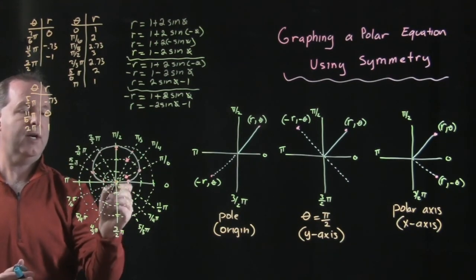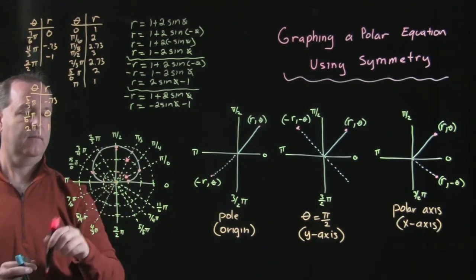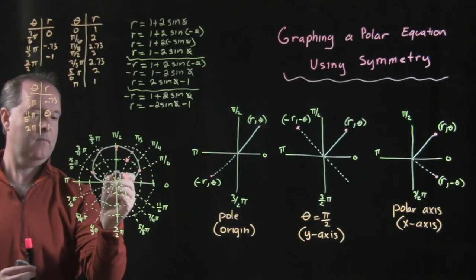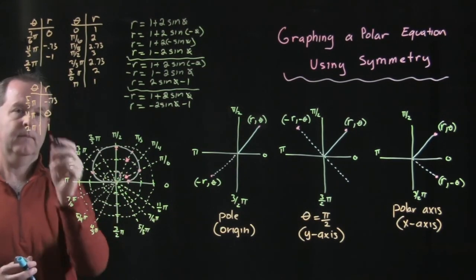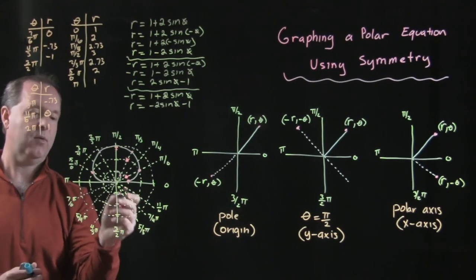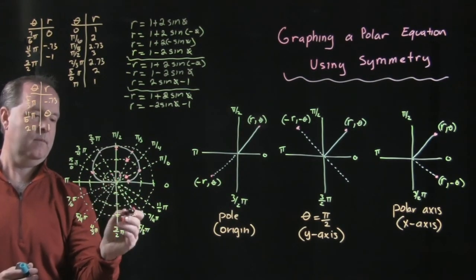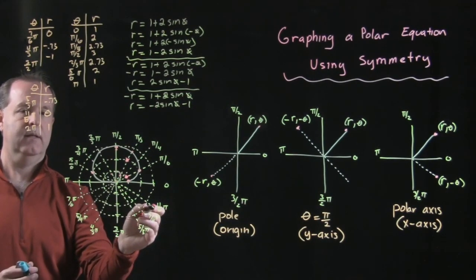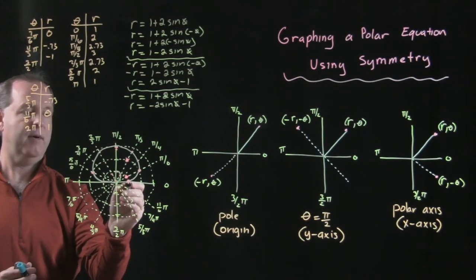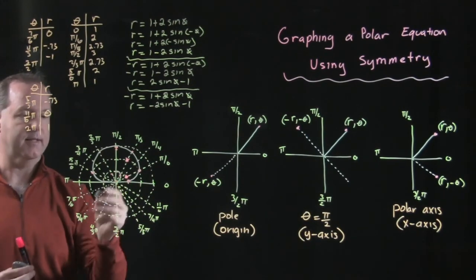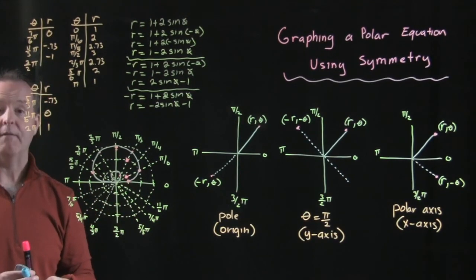In the 4 pi over 3 direction, I'm backwards to negative 7.3. And then if I were to graph the ones in the 4th quadrant, in the 5 pi over 3 direction, I'm backwards to negative 7.3. In the 11 pi over 6, I'm at a 0. And then 2 pi is back at 1, and it repeats itself. So I have a graph that looks like that.